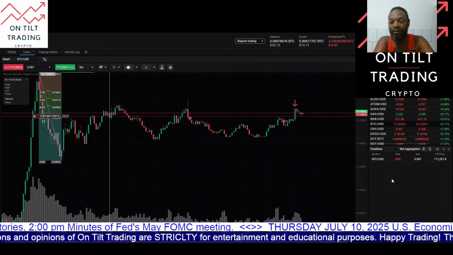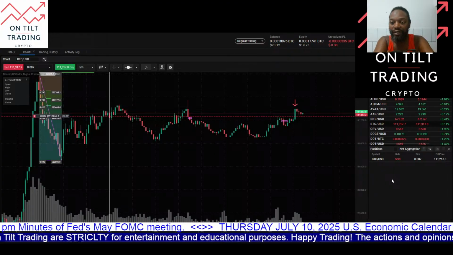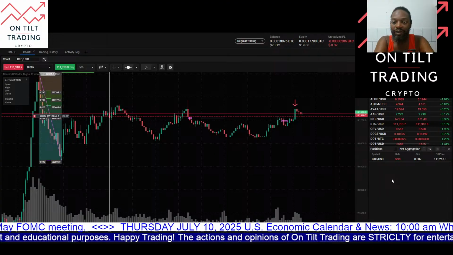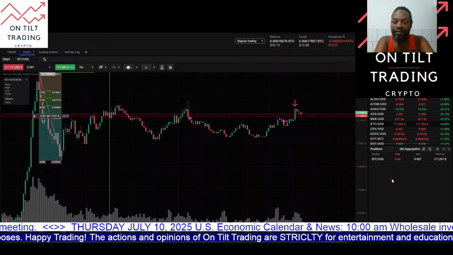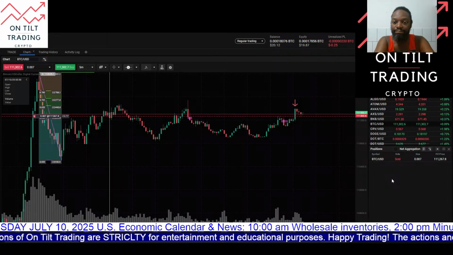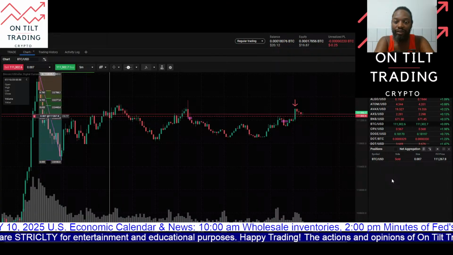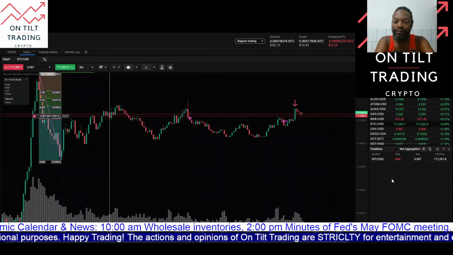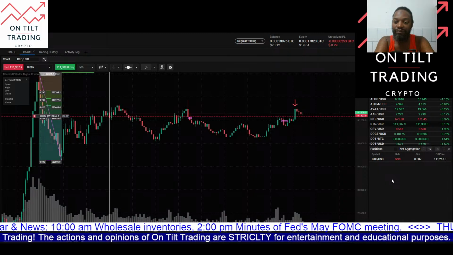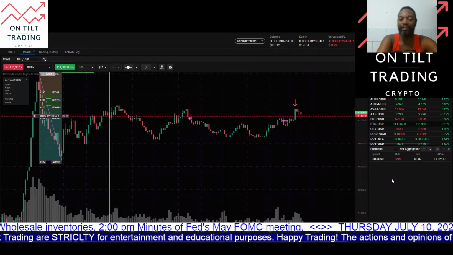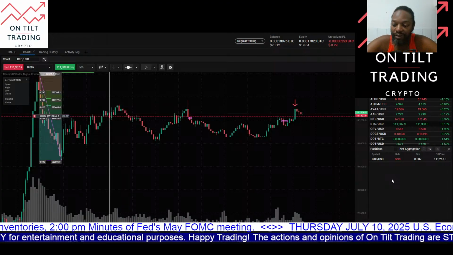Price holding here, and now some sell side delivery. 111,300 is the current level. So price trading near the open of the candle and consolidating. Overall buy side delivery here in this 5-minute candle so far.